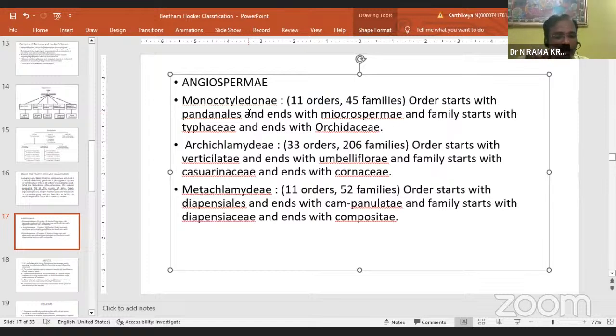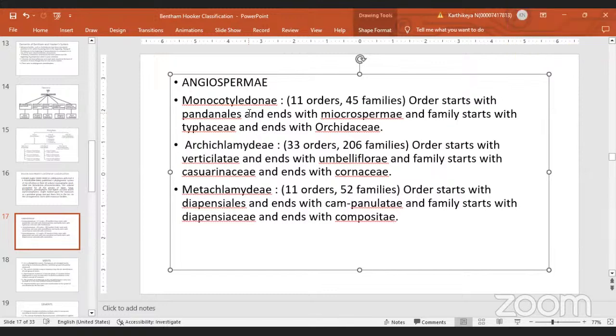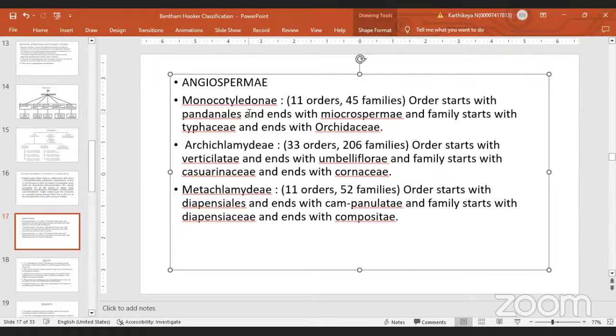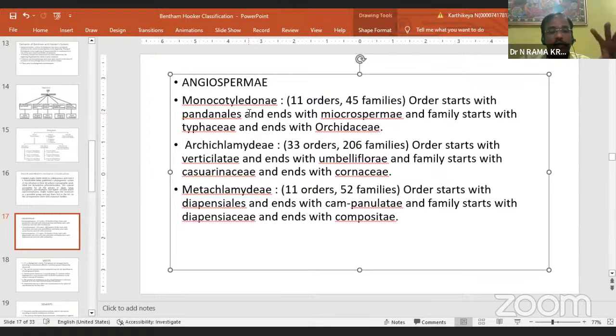That dicot again is divided into Archichlamydae and Metachlamydae. So dicots are divided into Archichlamydae and Metachlamydae.